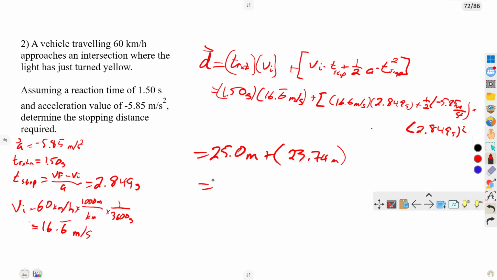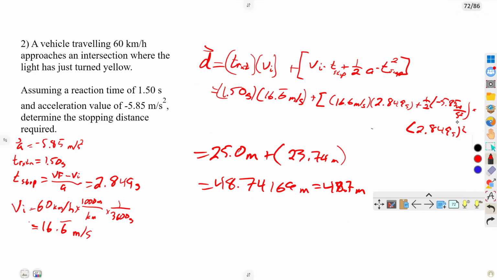That's going to equal 48.7416,169,042 meters, which is going to be 48.7 meters. Let me make that look more like an 8 here. Thank you. Okay, so that's 48.7.